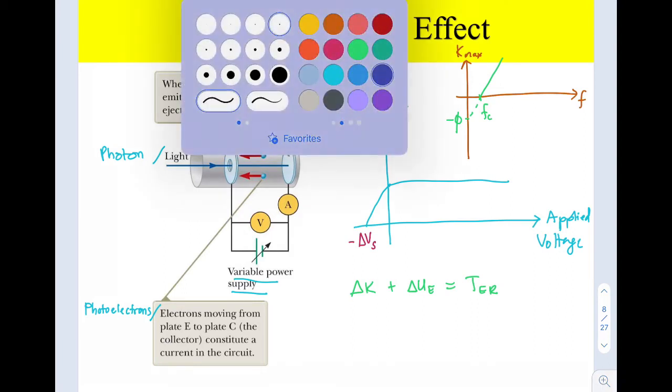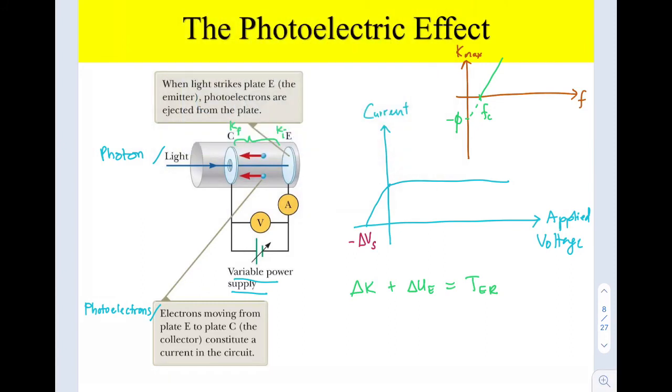And delta U happens here as well, U initial to U final in terms of electric. For the photon, the incident light causing the ejection of the photoelectron, the energy is equivalent to hf.